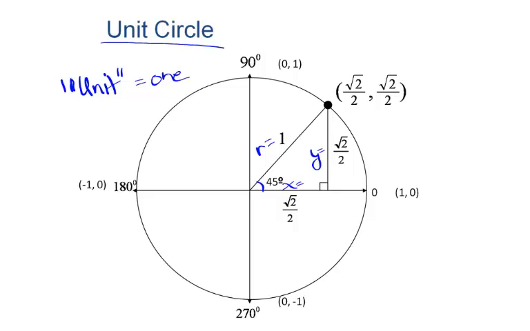Back to where we were on the last video. Now, we said that we knew the sine of 45 degrees was root 2 over 2. We said we knew the cosine of 45 degrees was root 2 over 2. Follow me closely here.